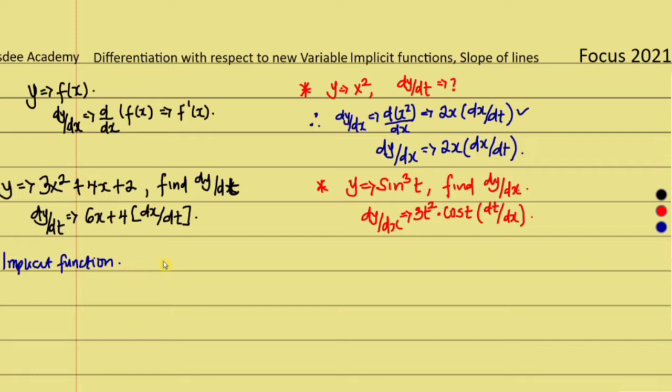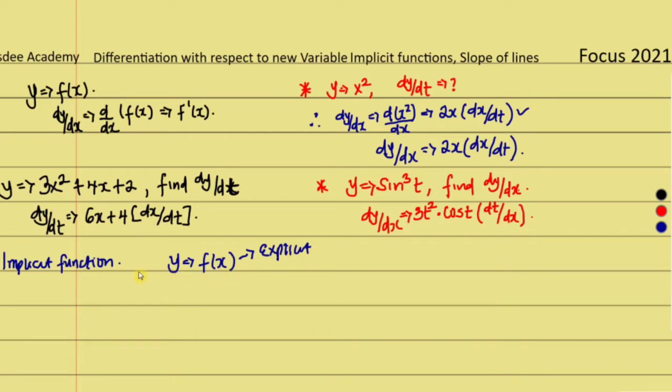Before now, we have been talking about the function y equals f of x. What we mean by y equals f of x, we've already discussed: for different values of x, we can get the value of y. This type of function is called explicit, because whenever we substitute a particular value, we are going to get a new value for y.